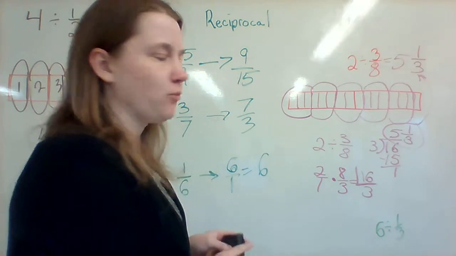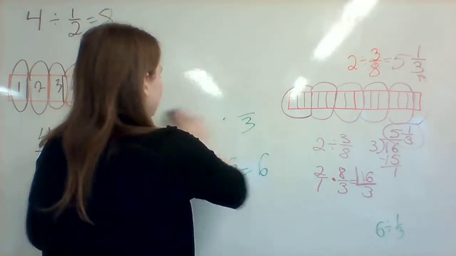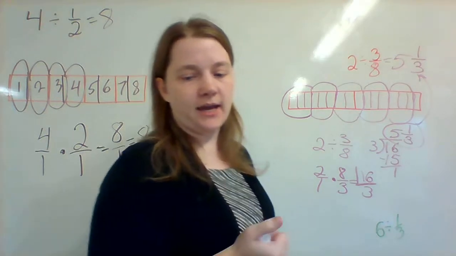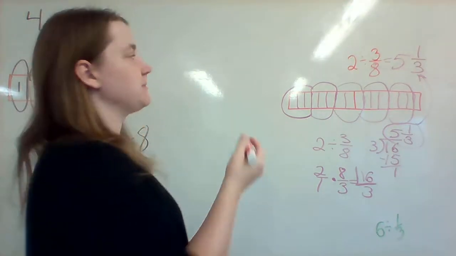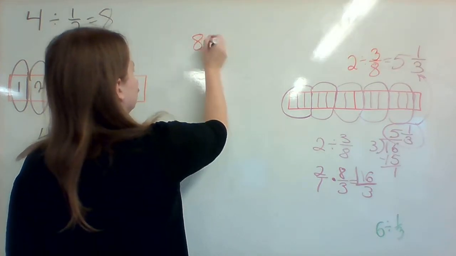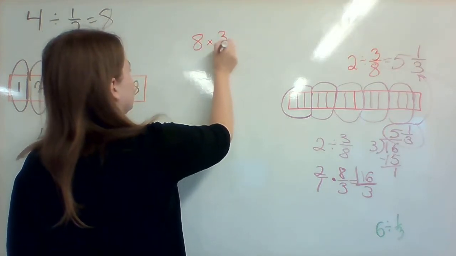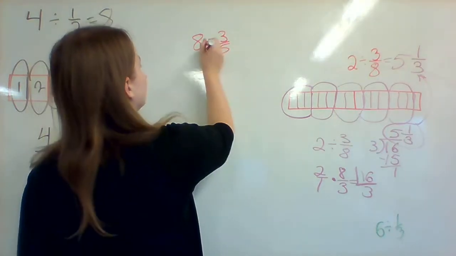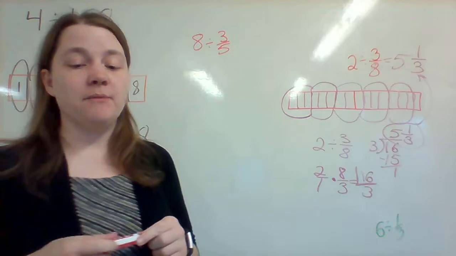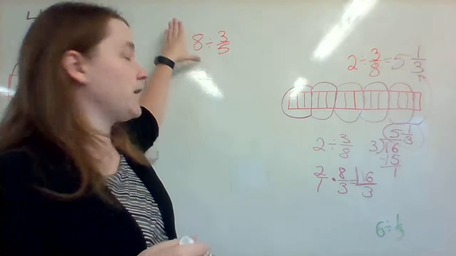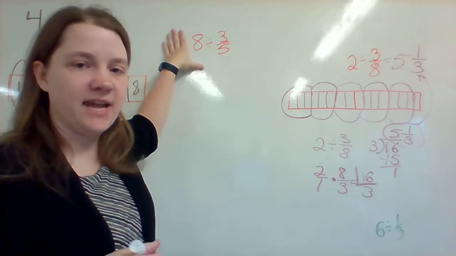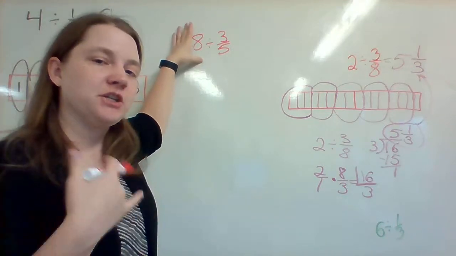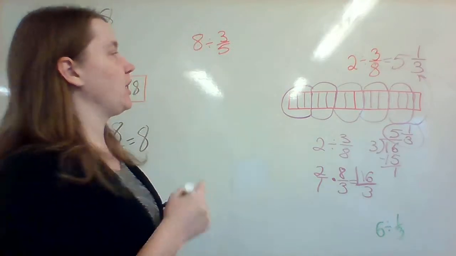We're going to take a look at one more problem. I'm sorry, it's not a multiplication problem yet. We have 8 divided by 3/5. Because I have 8 divided by 3/5, I do not change the first number. It's not going to change in meaning, but I do need to make it a fraction.